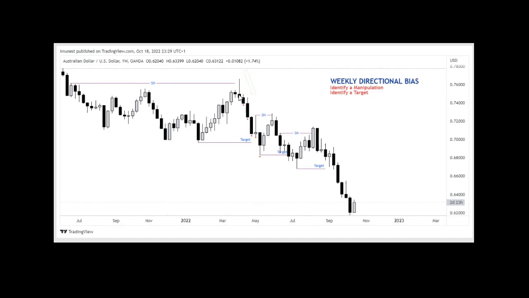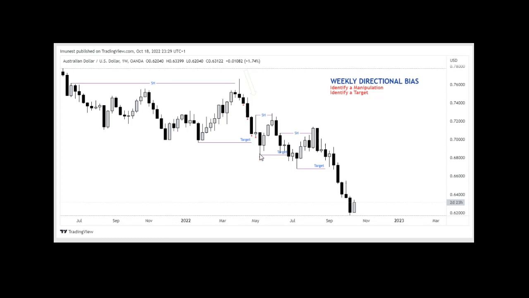After this weekly candle forms, you will expect that the following week is going to be bearish, and then subsequent weeks are going to be bearish until we are able to clear the sell side liquidity.